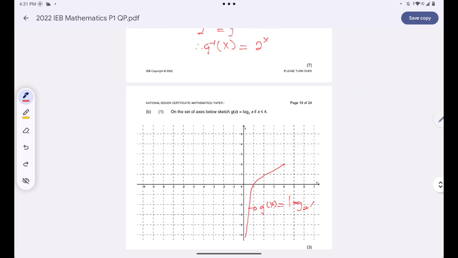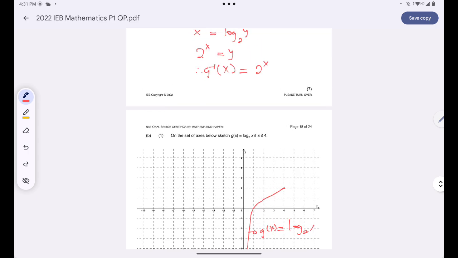Remember that, guys, the relationship between the inverse function and the original function. If you are given the domain of the original function, that domain will be the range of the inverse function. Are we together? So it simply means that the range of my inverse function, I can simply say that y has to be less or equal to 4.